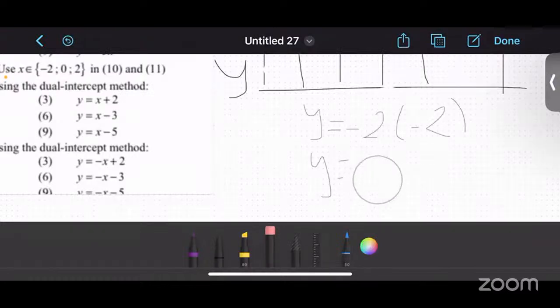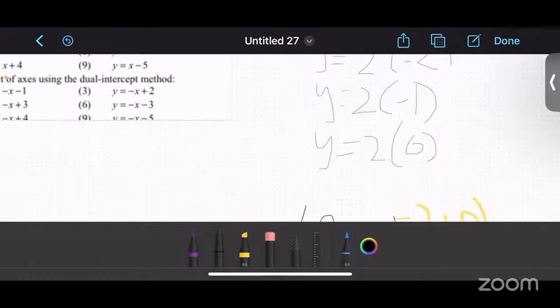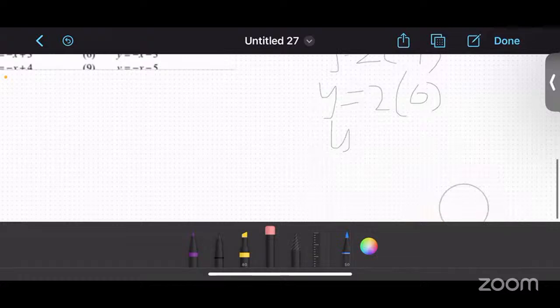Then 2 into minus 1. Again, we have y is equal to 2 into 0. And again, y is equal to 2 into positive 1. And again, y is equal to 2 into positive 2.